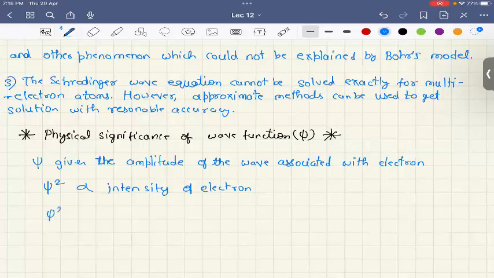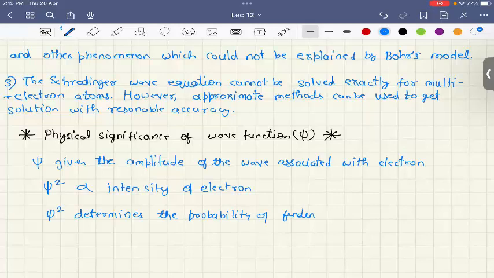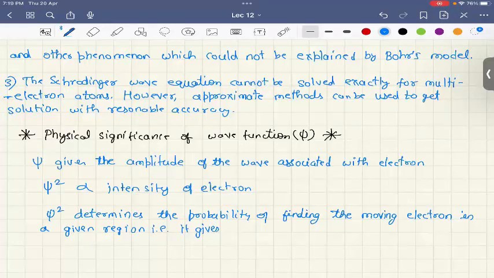That means psi square determines the probability of finding the moving electron in a given region, right? That is, it gives the probability density.